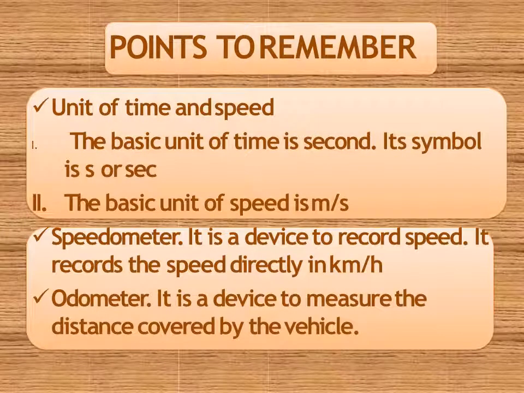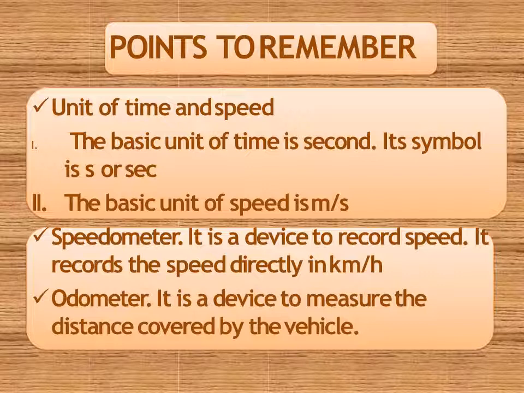So, now let's move towards how we measure time and speed. The basic unit of time is the second, as we all know. If it is a short duration, we symbolize it as s or sec.